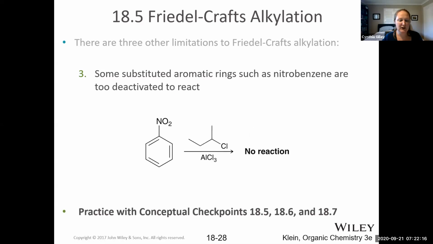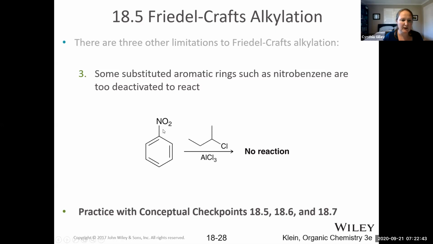Another limitation, and this one is really important, is that you cannot do a Friedel-Crafts alkylation reaction or the next Friedel-Crafts reaction that we haven't talked about yet, the acylation reaction, with a strong electron withdrawing group attached to the aromatic ring. So nitrobenzene, the nitro group is a powerful electron withdrawing group.